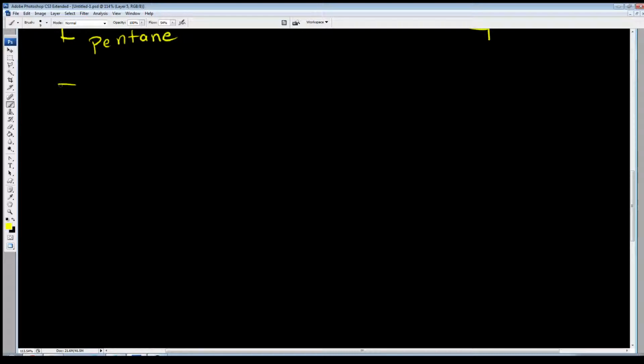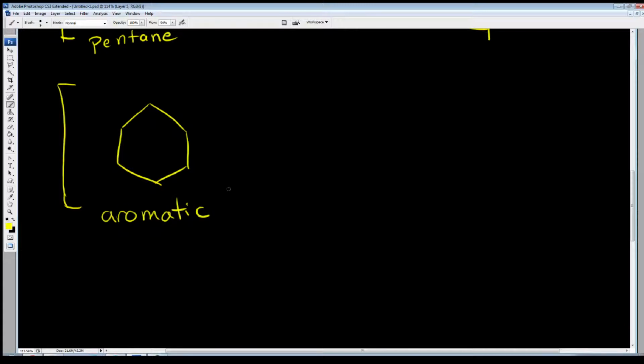So we're going to start going with a little bit more difficult one, and this one's going to be an aromatic. And this one's going to have 2 pi bonds and a negative charge.